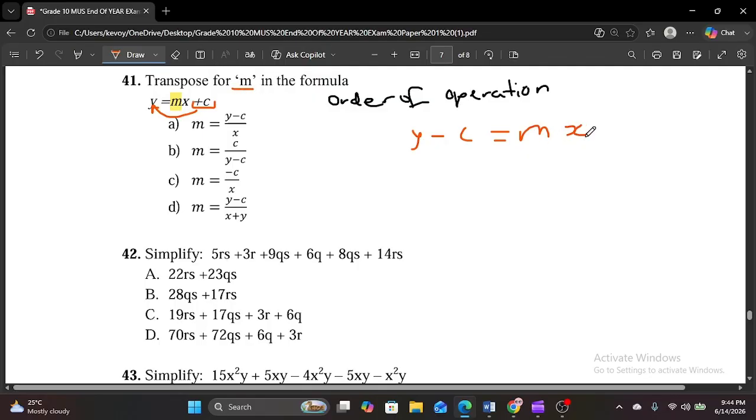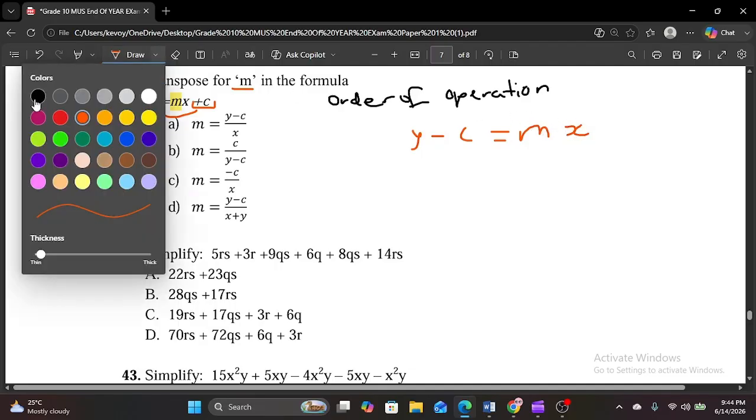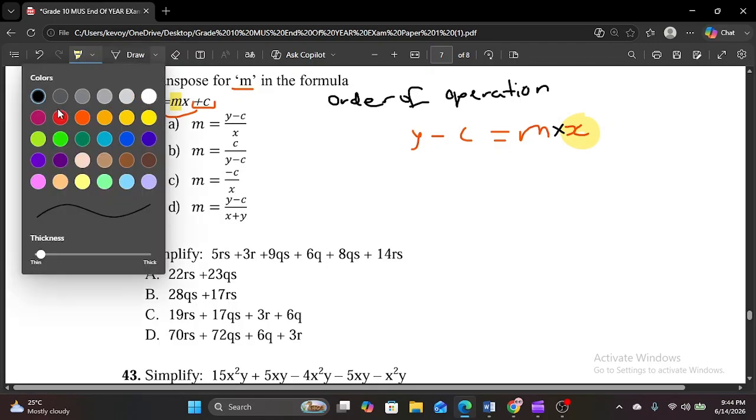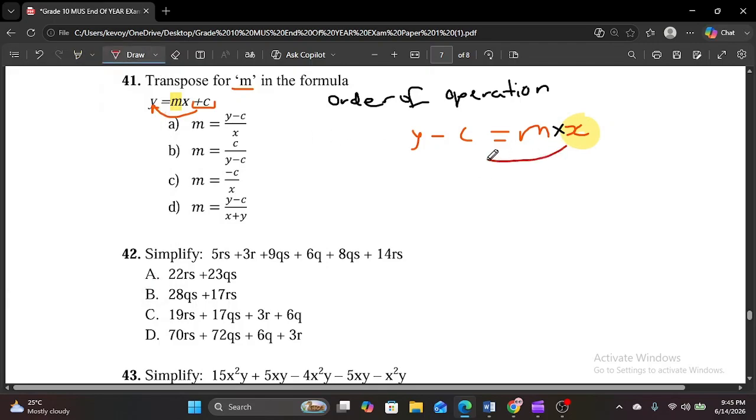So in order to get m by itself, we must move over the x. And that x right there is multiplying. Because the x is multiplying, if I want to move it to the other side of the equal sign, the sign will change to the opposite. So instead of multiplying, it's going to end up dividing.